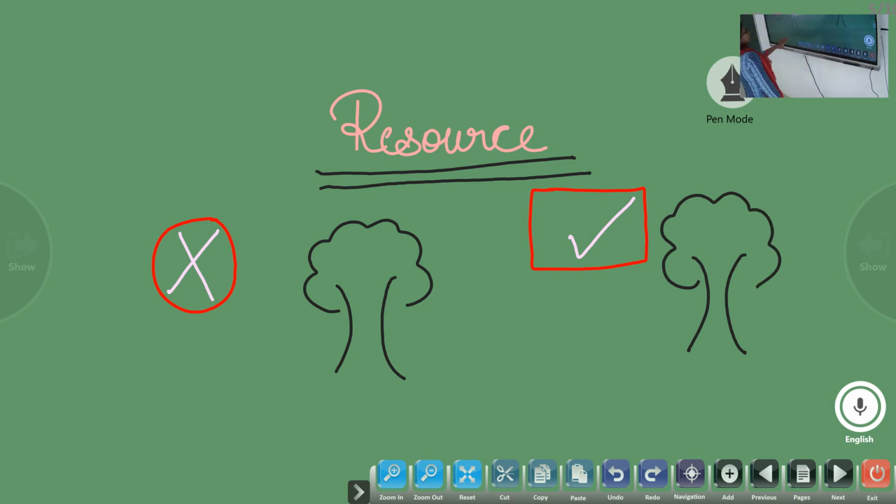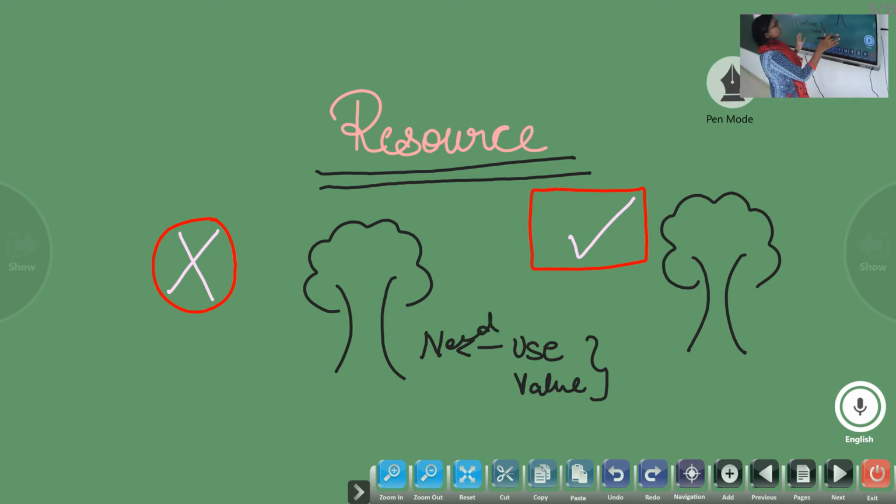Now, is a tree in itself a resource? Is it a resource? Well, what are the two things that we need? It has to be used and it has to have value. It has to provide for my need.